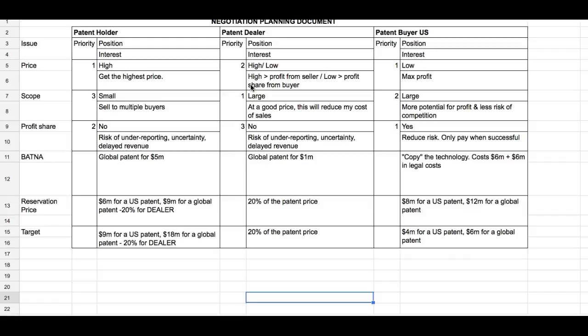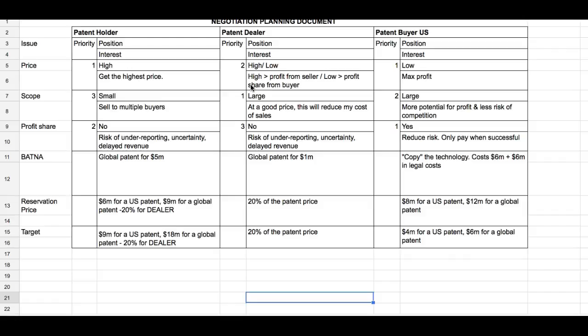Or we can say, well, I'm not going to give you any money up front. I'm going to give you the exclusive rights to use the technology in my patent, but in exchange for that, I demand 20%, 30%, 40%, 50% of the profit that you make. So that's another way of constructing it.